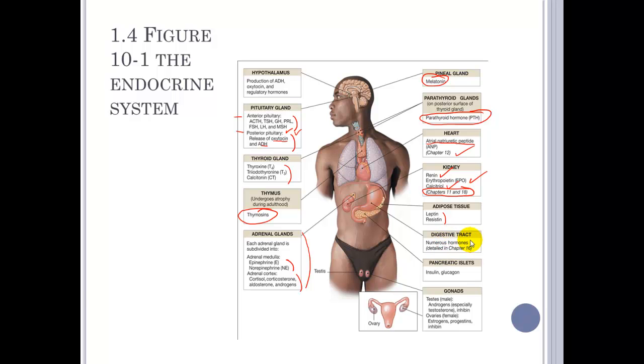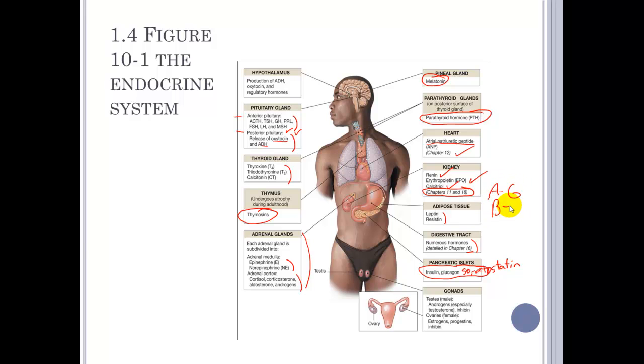Digestive tract, numerous amounts of hormones are released here. Chapter 16 is when we're going to talk about that. Pancreatic islets, insulin and glucagon. They missed one here, which is somatostatin. You have 3 cells in the islets of Langerhans in your pancreas. You have alpha, beta, and delta. Alpha cells secrete glucagon.